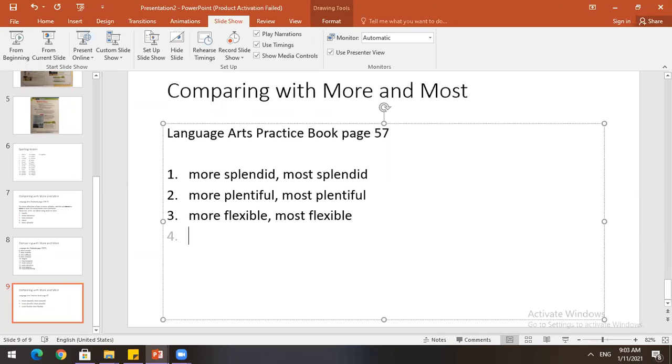Yes. All right, what is the correct comparative and superlative forms of number 4? More adorable, most adorable. Excellent, Reem, thank you. Hannah Halawa, number 5.